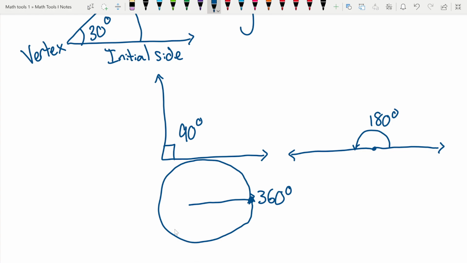Now, degrees are a little bit arbitrary. Why are there 360 degrees in the circle? So 1 degree would be 1/360th of a circle. We kind of just take it for granted, but if you really think about it, it's weird. Why do we use this number?